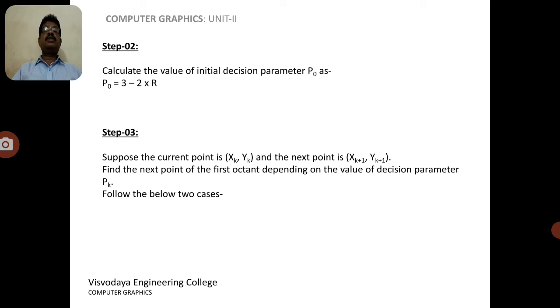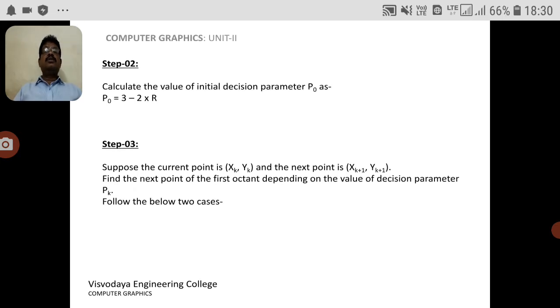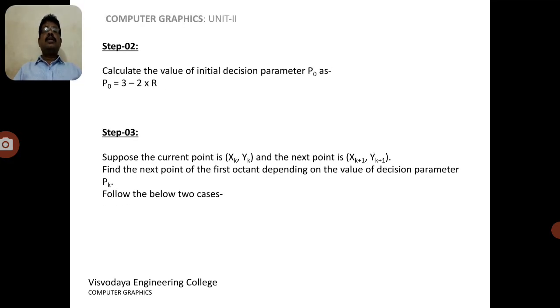Now we also calculate one more component, the initial decision parameter. We can observe the same parameter in the line drawing algorithm also. In the circle drawing algorithm, the decision parameter value p0 is defined, where p0 equals 3 minus 2 into r.